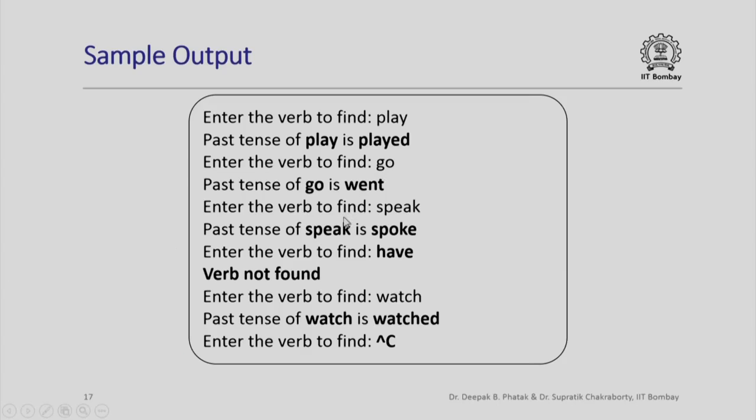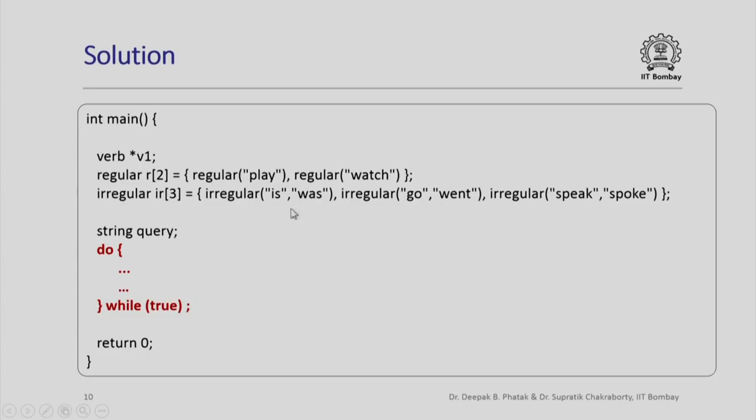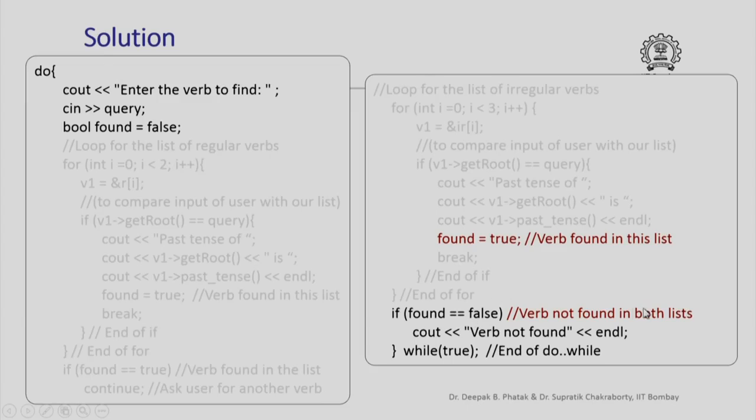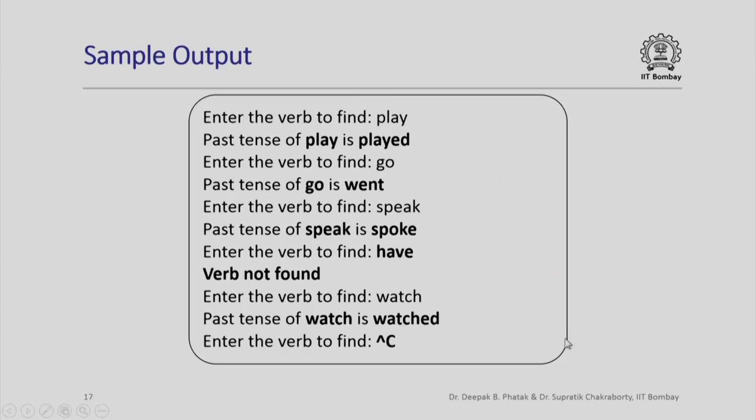Similarly, past tense of speak is spoke, but if you enter have, then note that have was neither here nor here, and therefore we will encounter this case where verb is not found in both the lists, and it will print out verb not found, and again it will go back to the beginning of the do while loop and ask for another verb. And here if you say watch, here it will find it in the list of regular verbs and it will print out watched, and then you can of course press Ctrl C from your keyboard to come out of the infinite loop.